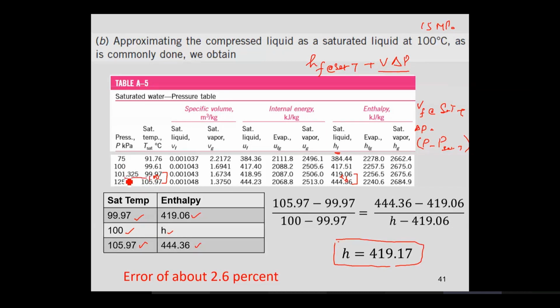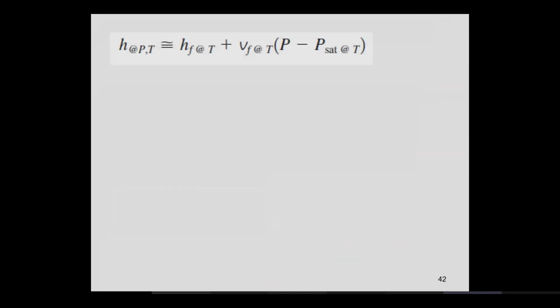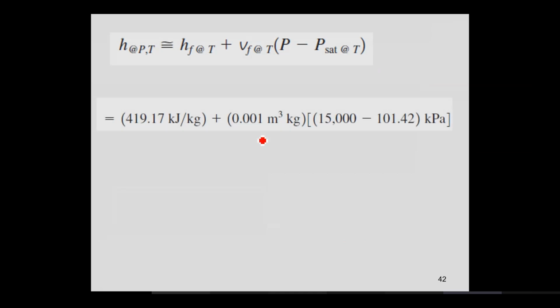So the pressure corresponding to this pressure, and the vf is a specific volume which is in between these two volumes. This is vf for saturated liquid at 100 degrees centigrade. Now if you plug in the values, this was the initial approximation that you used.